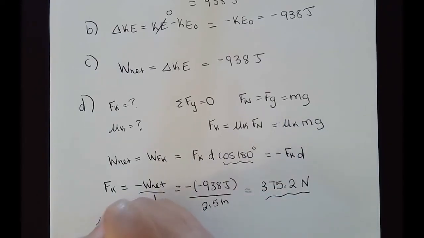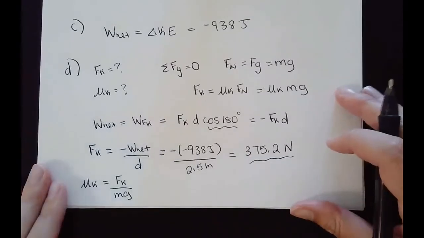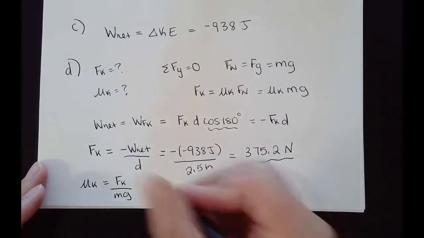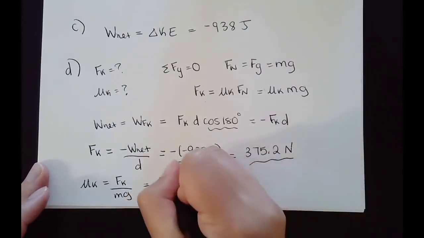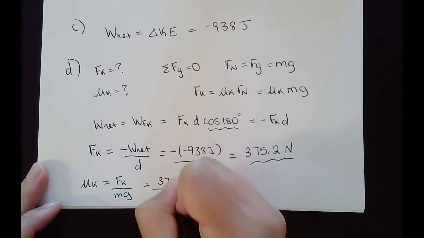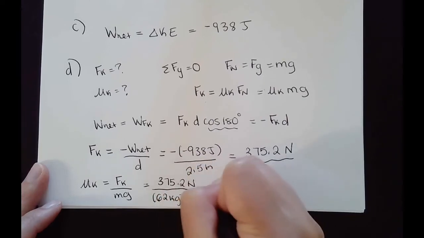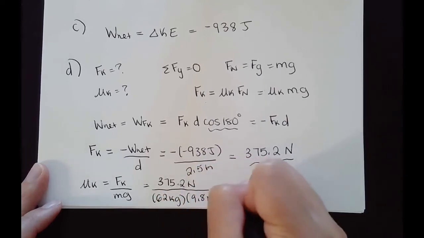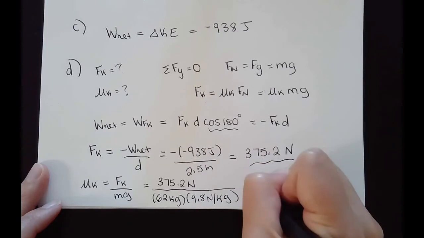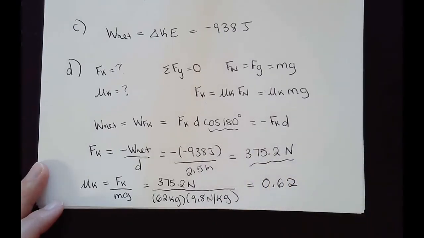So we'll have mu k equals Fk over mg. Okay, move that up. So Fk was 375.2 newtons divided by the mass, 62 kilograms, times 9.8 newtons per kilogram, which gives a coefficient of 0.62 for the kinetic friction on the surface.